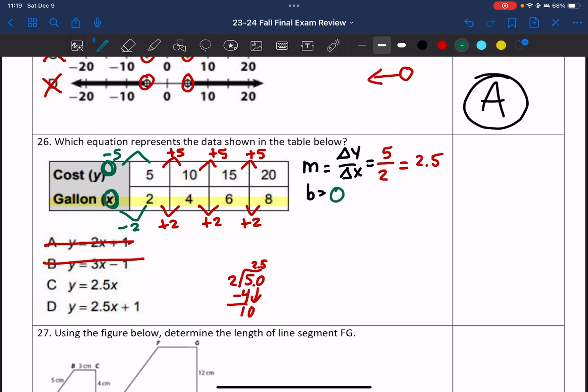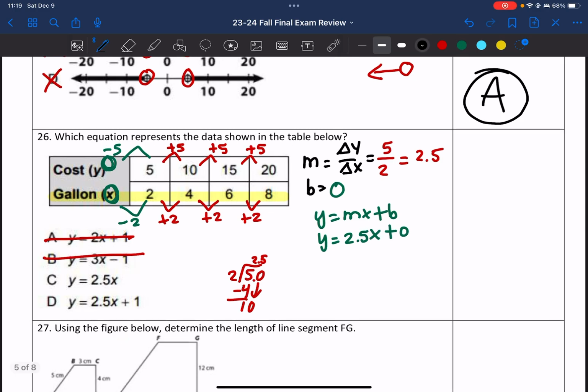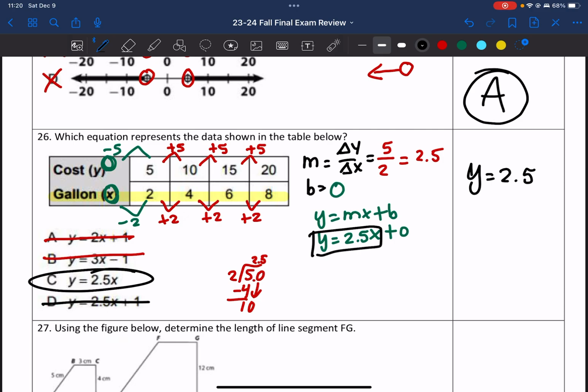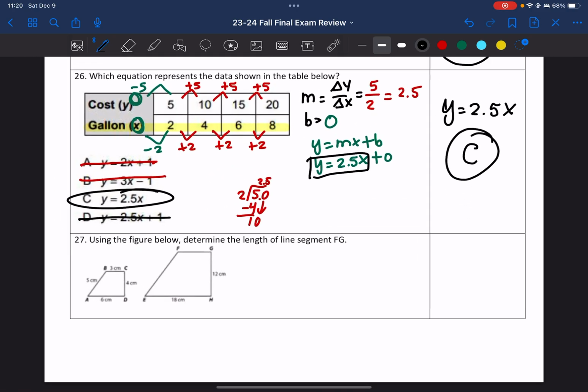So if I put this in y equals mx plus b, I'm going to have y equals 2.5x plus 0. In other words, what we have is y equals 2.5x. Cannot be d, it has to be c. So y equals 2.5x, which is C.